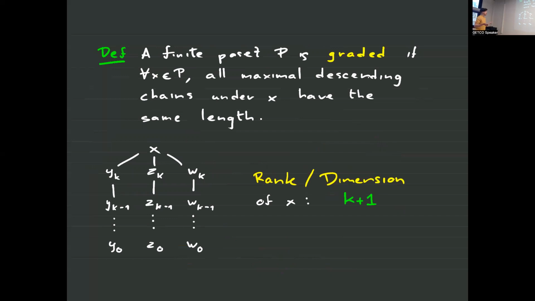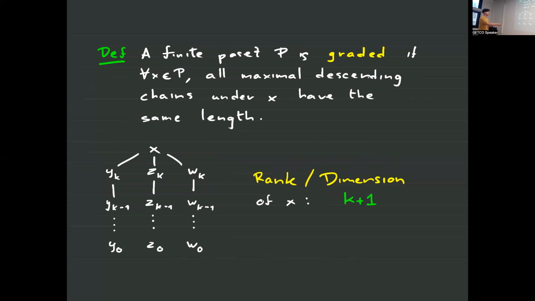So, this is a standard definition: a finite poset is graded if for every element x of the poset, we consider all the maximal descending chains under x, and those chains must have the same length, which gives a kind of intrinsic rank or dimension to the element.